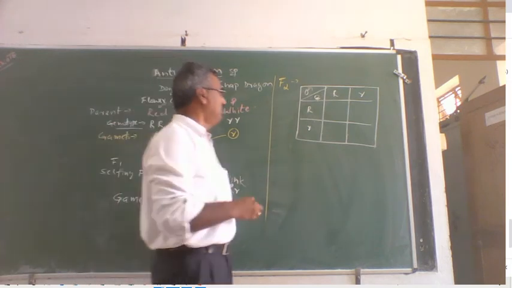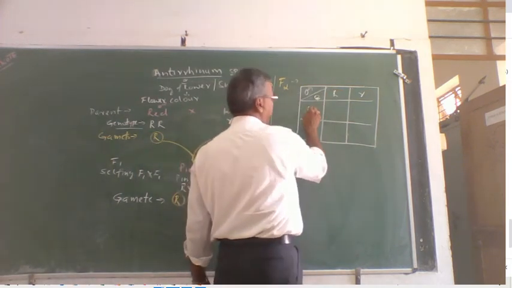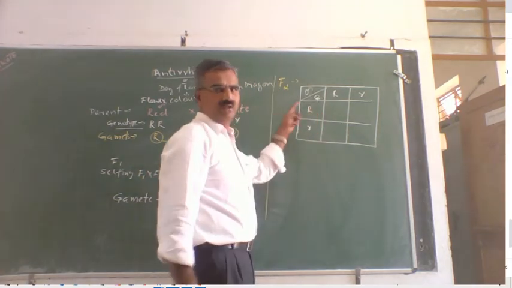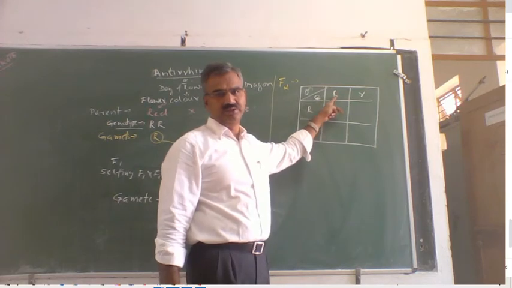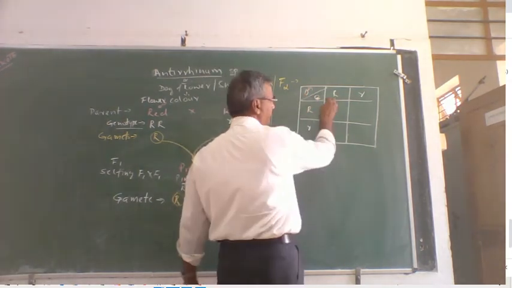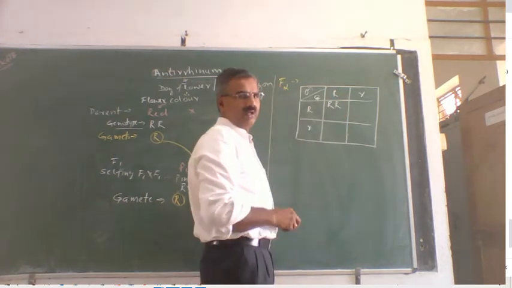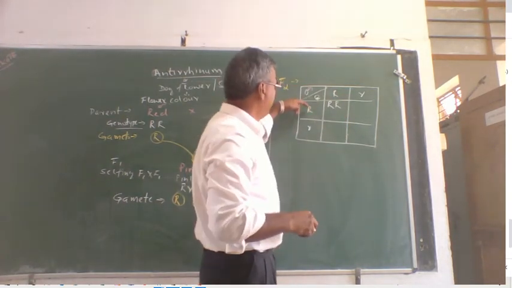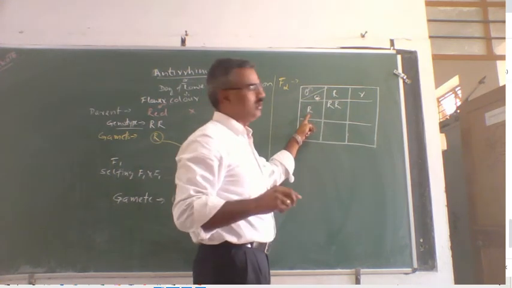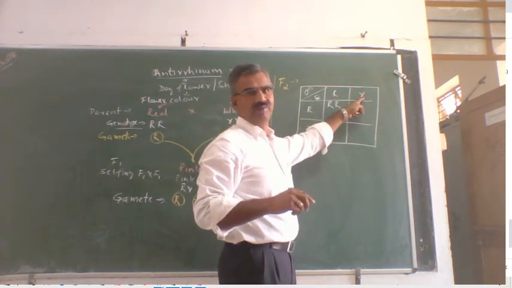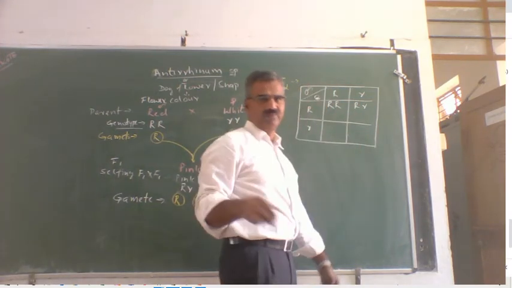So here you see now, the gamete with the dominant allele is crossed with the female gamete with the dominant allele. So what should be the genotype here? Capital R, capital R. The first gamete, the dominant allele, with the recessive allele of the female gamete gives capital R, small r.